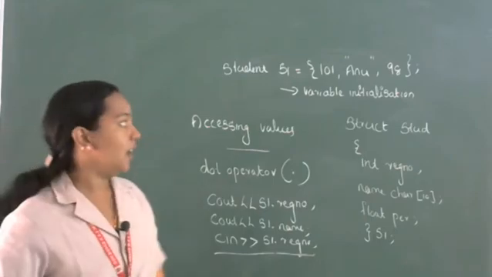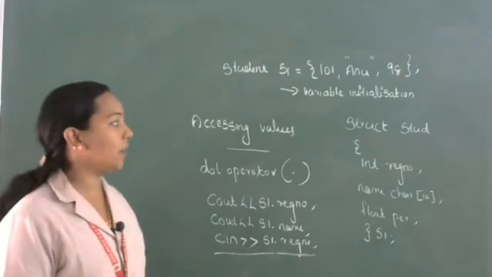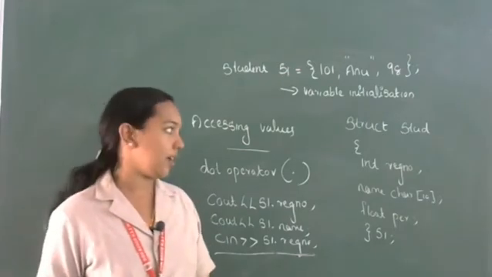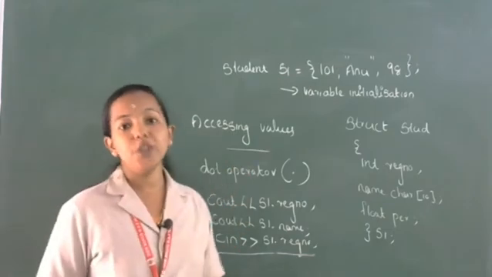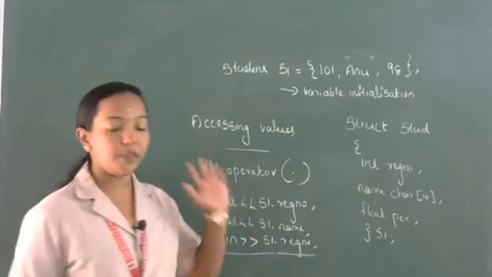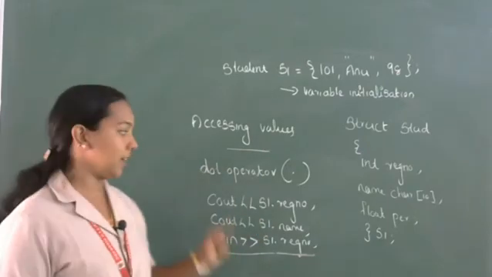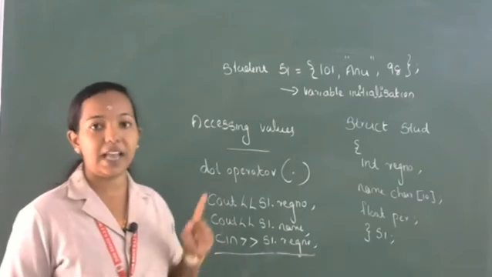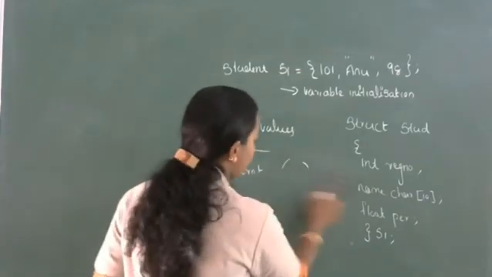So this is the variable initialization method and how we are accessing values from a structure. For accessing elements from a structure, we use the dot operator along with the structure variable name. Okay, clear? Hope you understood this.